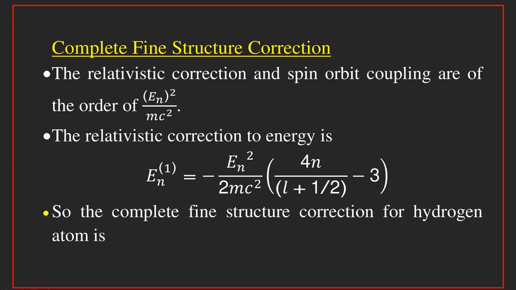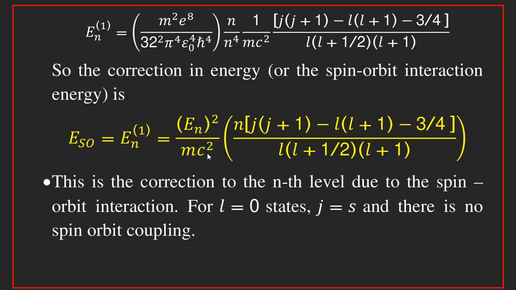So here we consider only the two terms, relativistic correction and spin orbit correction. Both of them are of the order of En square by mc square. We have the relativistic correction as minus En square by 2 mc square into 4n by n plus half minus 3, and the spin orbit correction is En square by mc square into the quantum numbers.